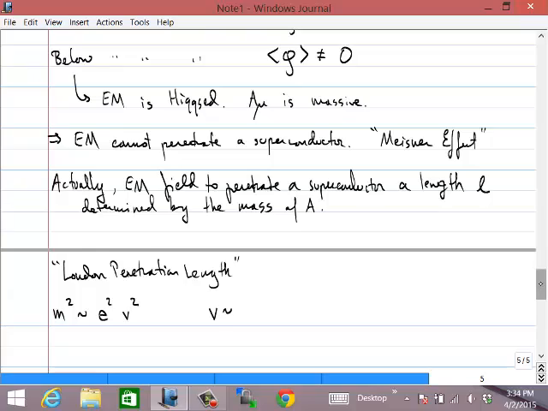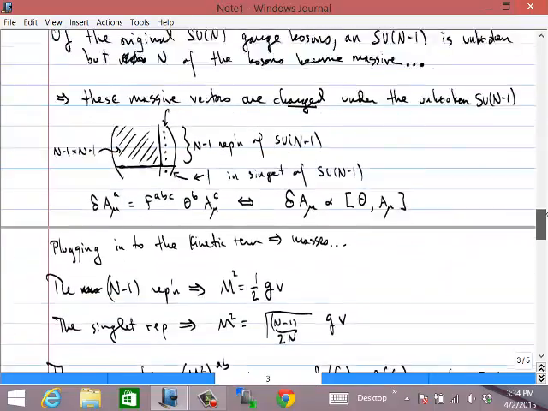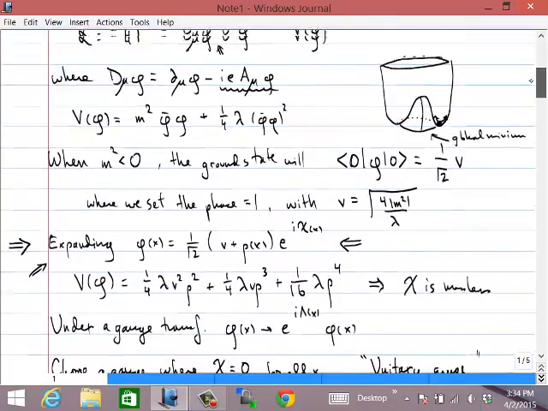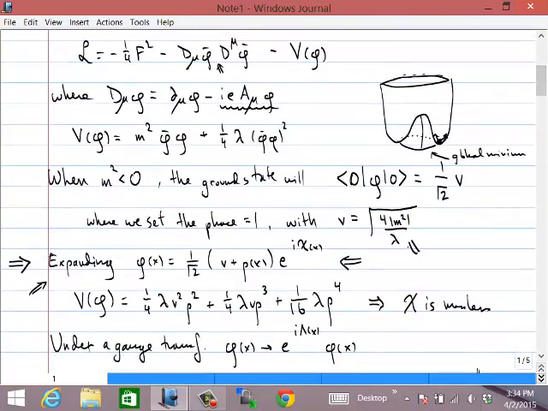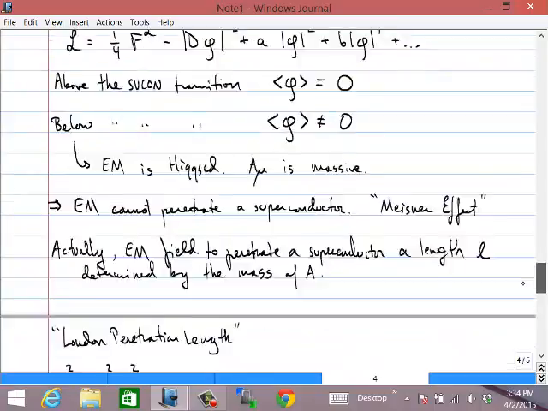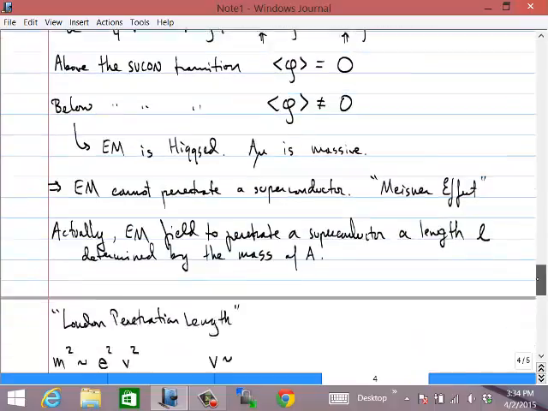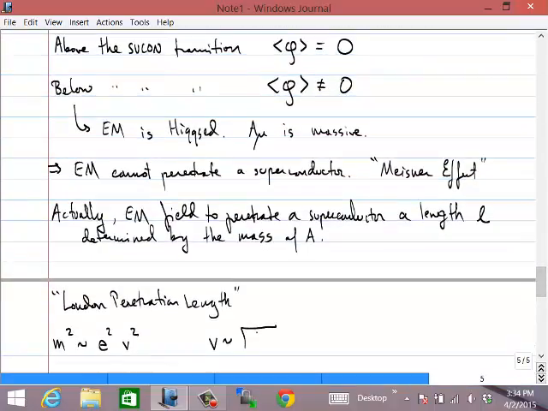Well, we computed it up here. So there was v, it's right there, the square root of m squared over lambda. And in the present context, m squared is this parameter a, and lambda is this parameter b. So this will be the square root of a over b. I'm just neglecting factors of order 1 here.